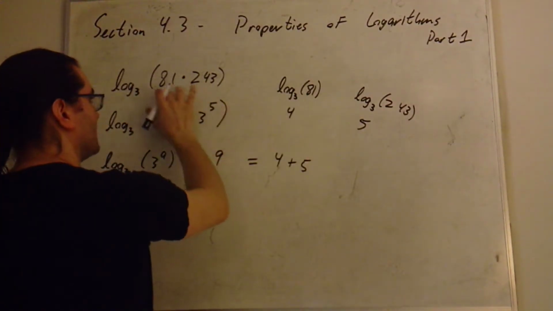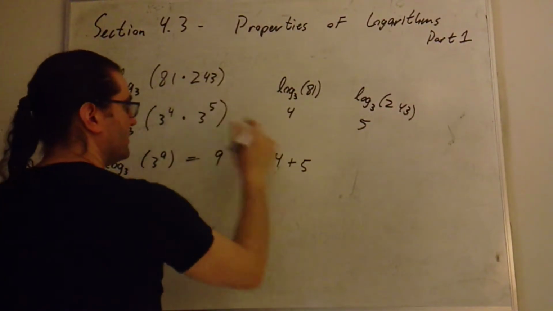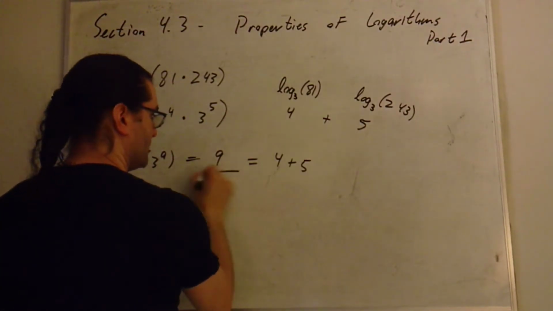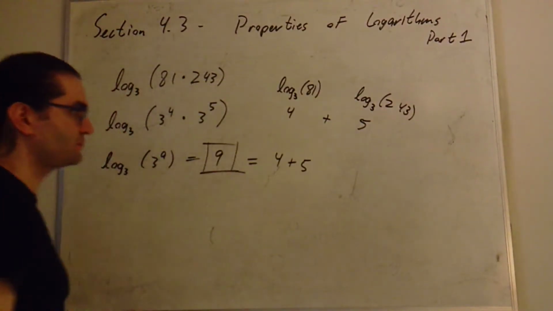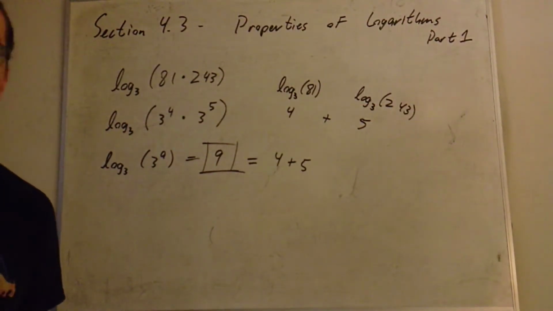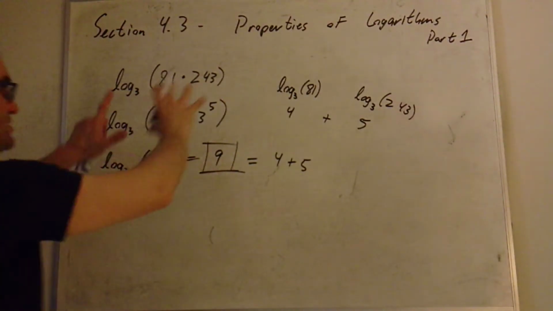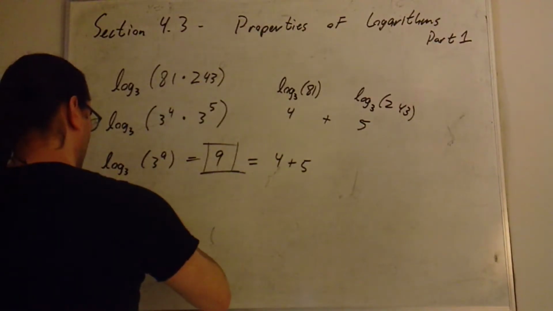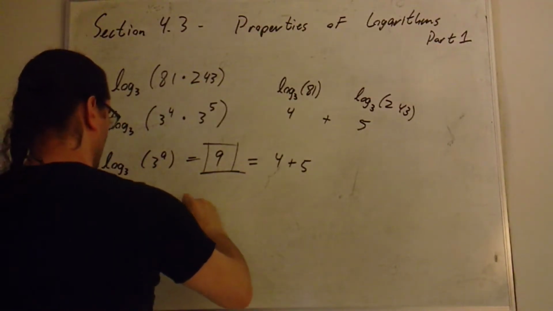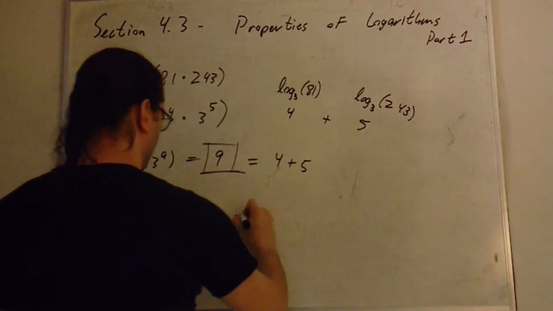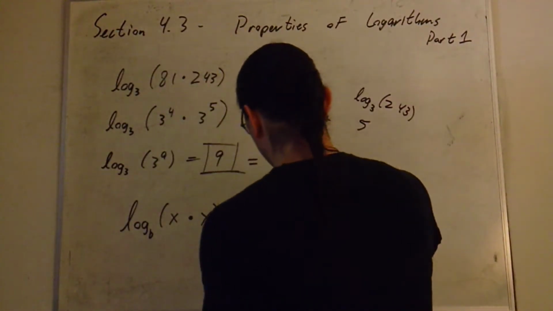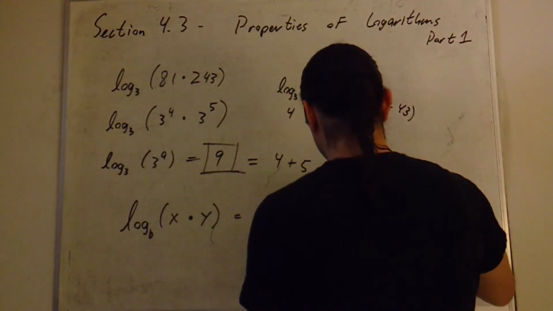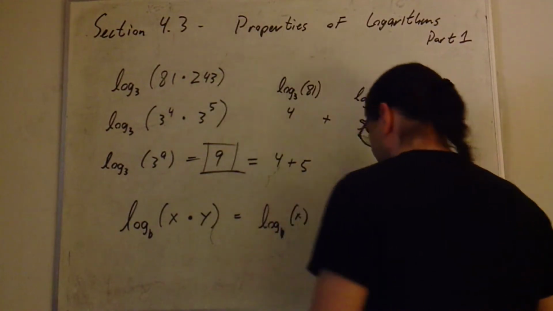If I want to handle these separately, I just need to add them to get the result I want. If I generalize this, it would look like the log base b of x times y is the log base b of x plus the log base b of y.